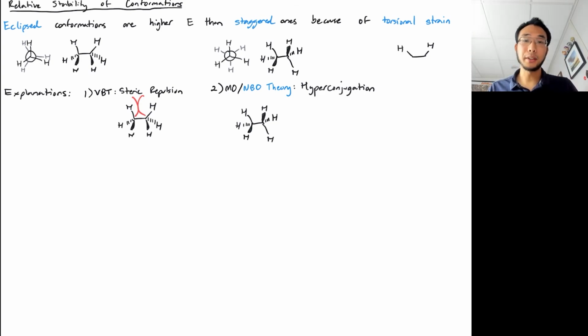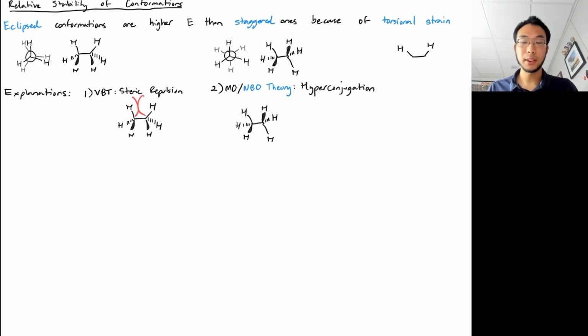Rather than thinking about the eclipsed conformation being raised in energy, which was the first explanation, using NBO theory we can see that the staggered conformation is lowered in energy. So it's two different views on the same question. Valence bond theory asks why one is higher, NBO theory asks why one is lower.